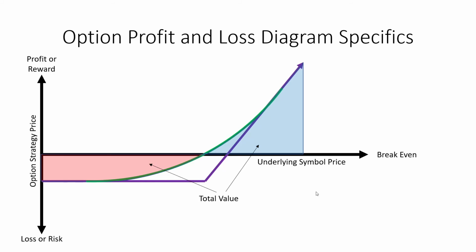So at a basic high level, this is an option profit and loss diagram, and this is how you would read it. Now, of course, you can go in even deeper on option profit and loss diagrams, and I suggest that you do, because again, this is the fingerprint of the various option strategies you may use.